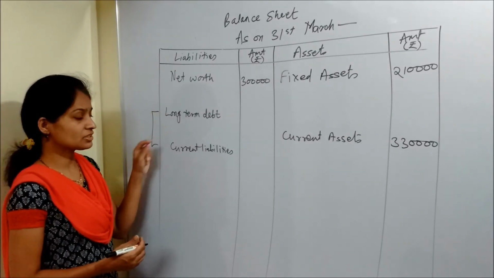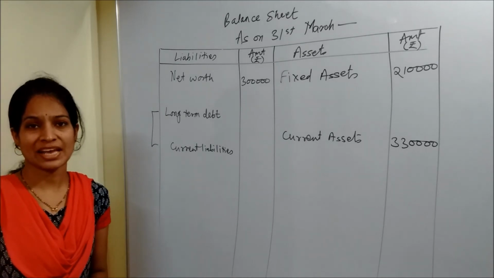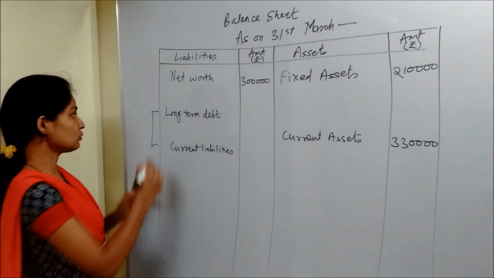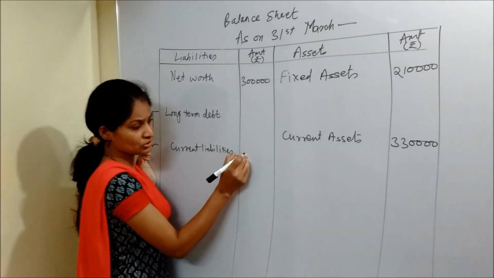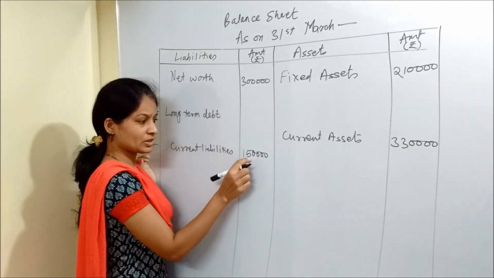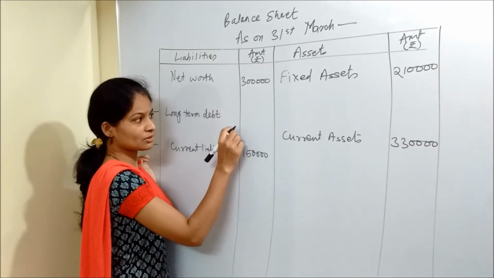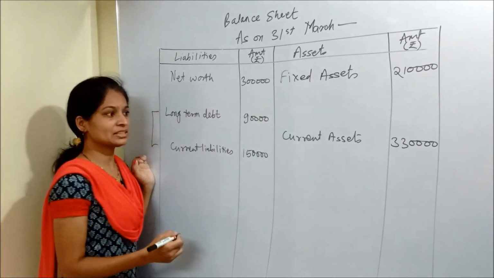This and this together is 2,40,000, out of which current liability is 1,50,000. So if you'll minus 1,50,000 out of 2,40,000, your long-term debt will come to 90,000.